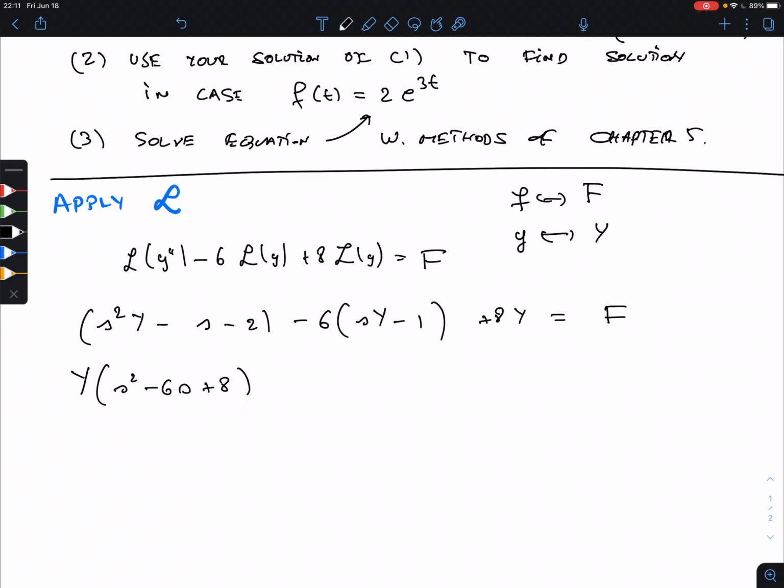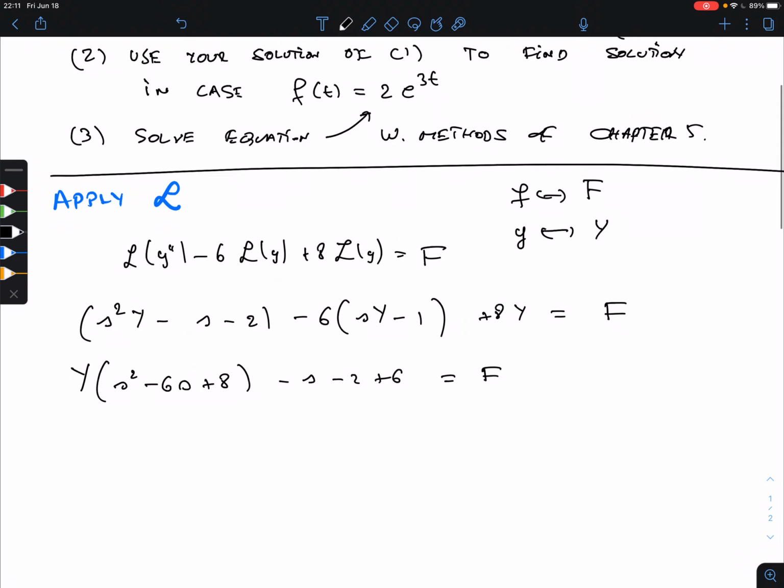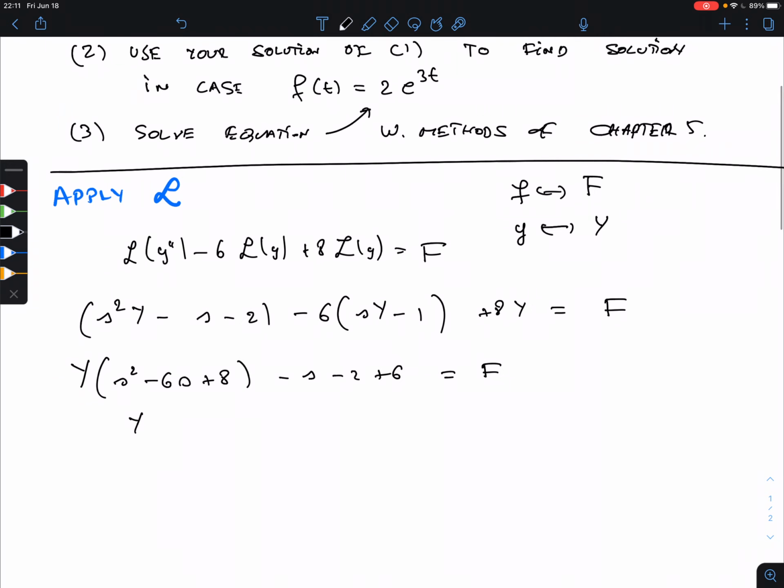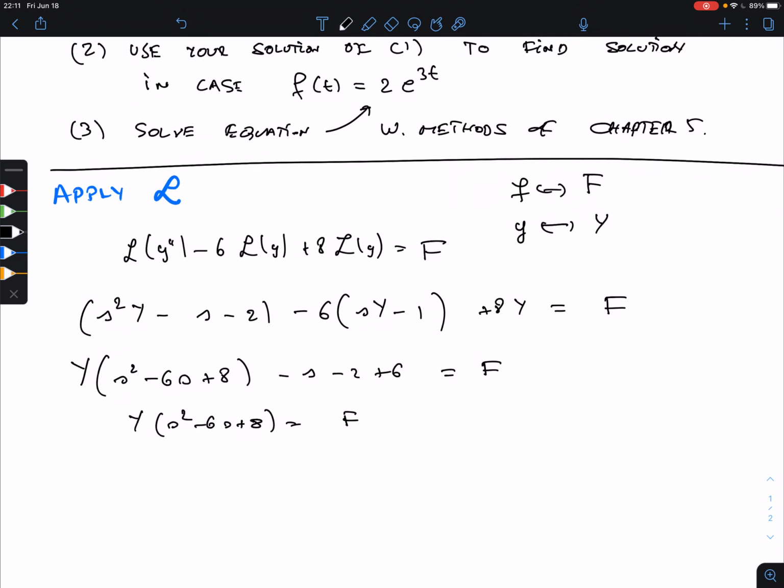That's of course the characteristic equation, but we know that now. What else is left? We have a minus s, a minus 2, and a plus 6. If I bring this to the other side, I get capital F, and this is plus 4, so we get plus s minus 4.